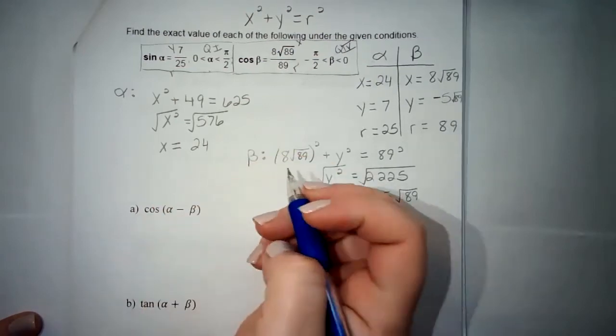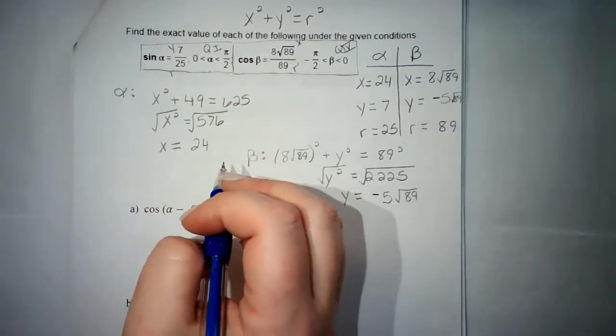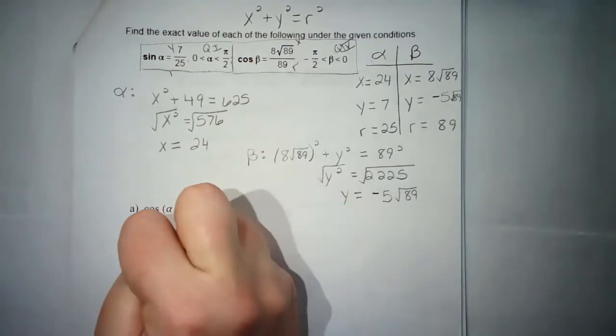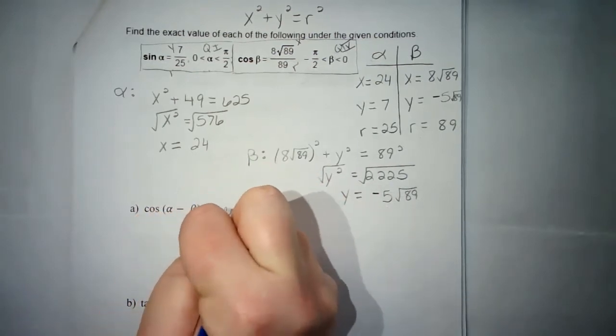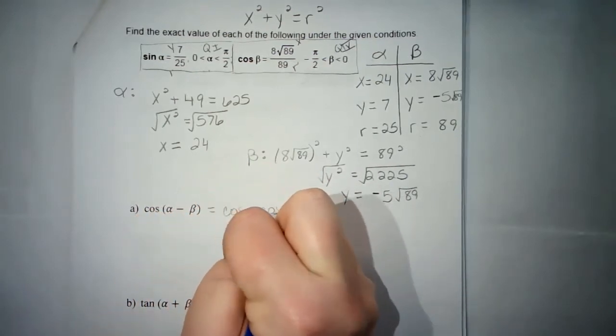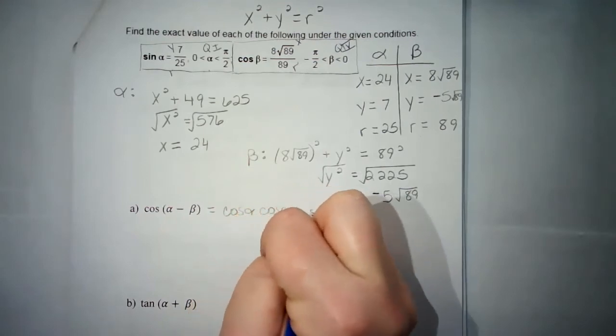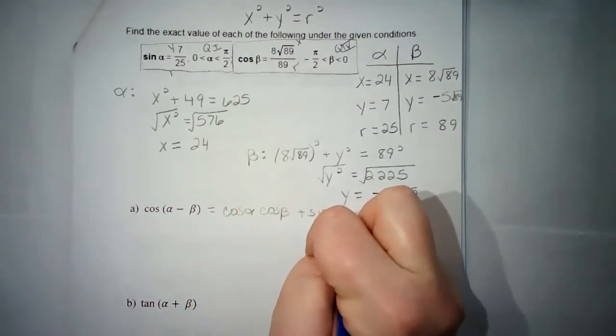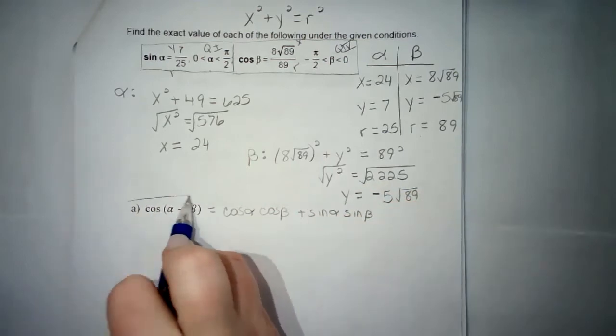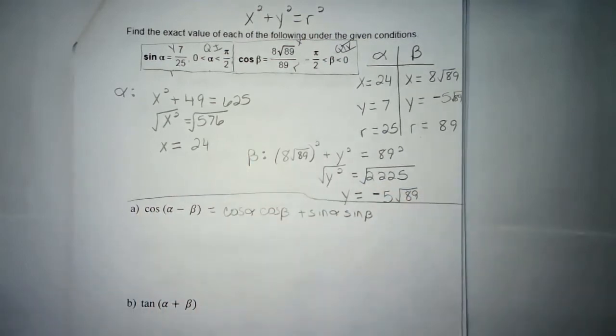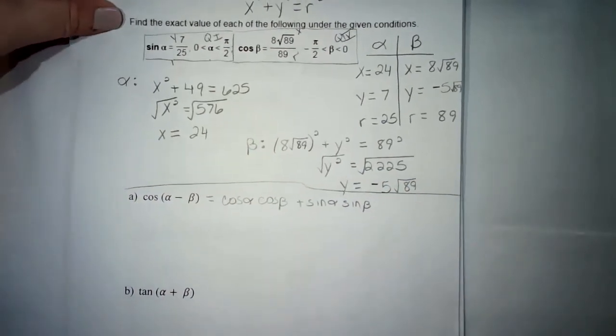Okay. Cosine of alpha minus beta. So we're going to go back to our formulas from before. It turns out this is cosine alpha, cosine beta, plus sine alpha, sine beta. That's the formula when I go back and look it up. Okay.